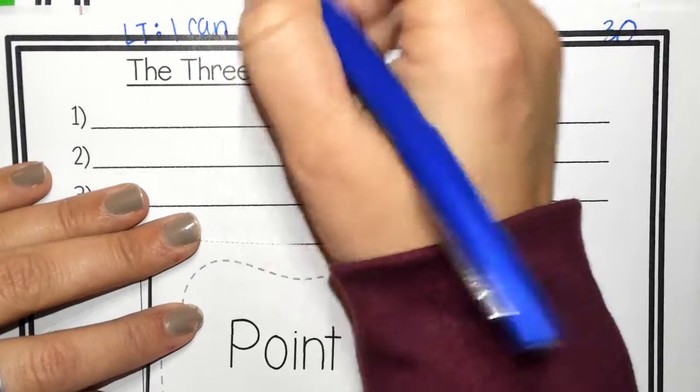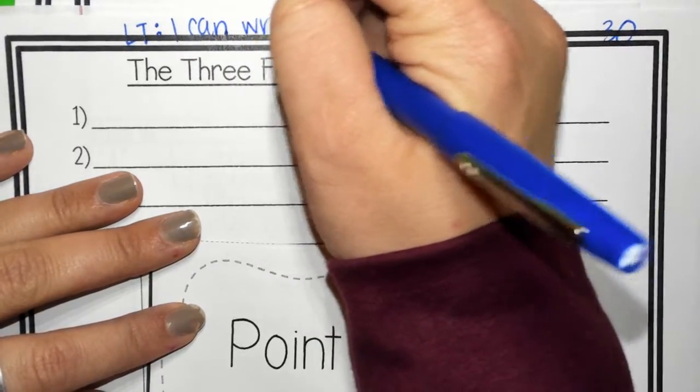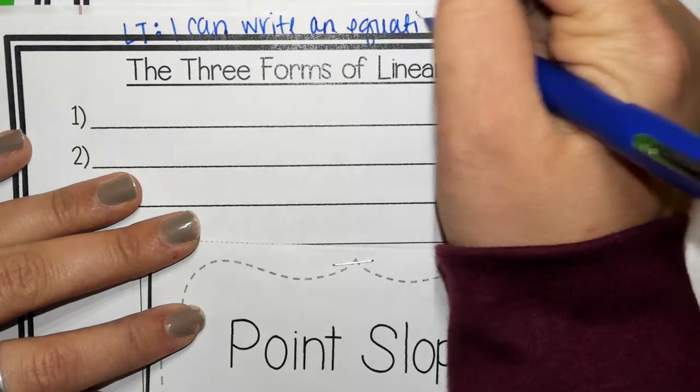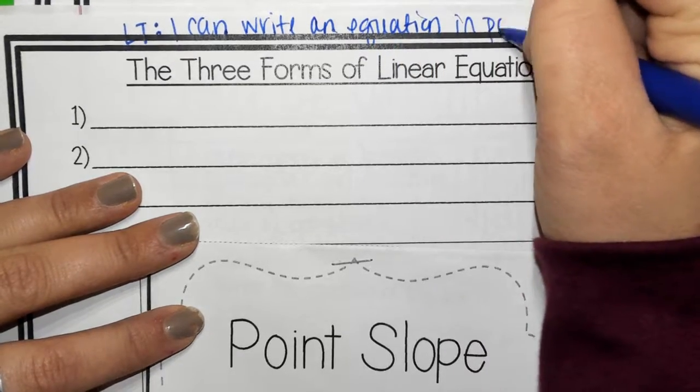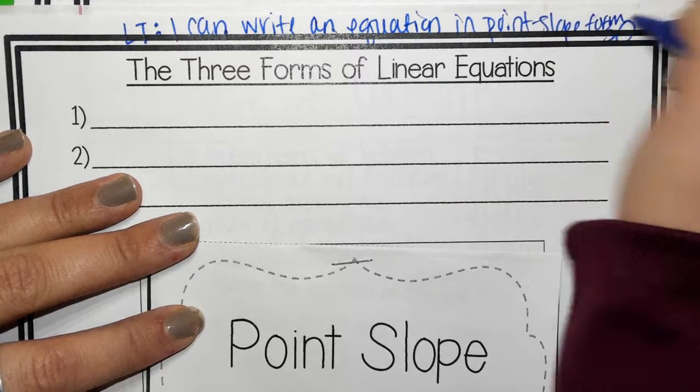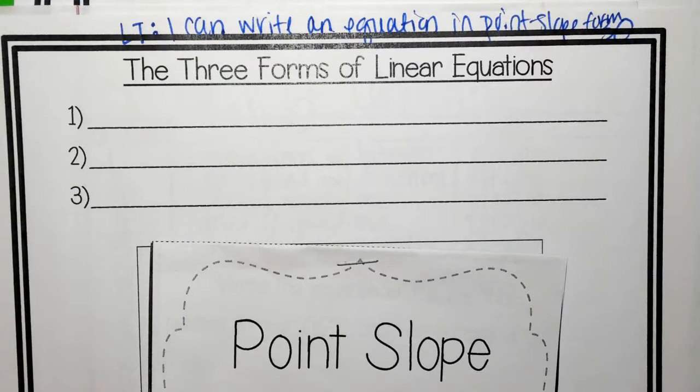Today's learning target says I can write an equation in point-slope form. So, do you think this is level 1, 2, 3, or 4?